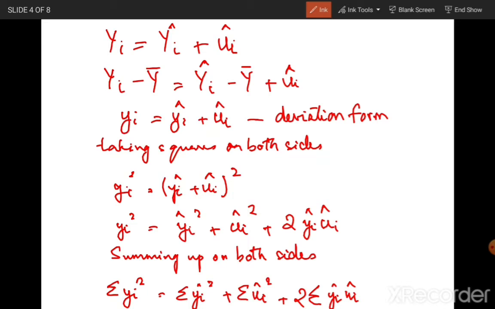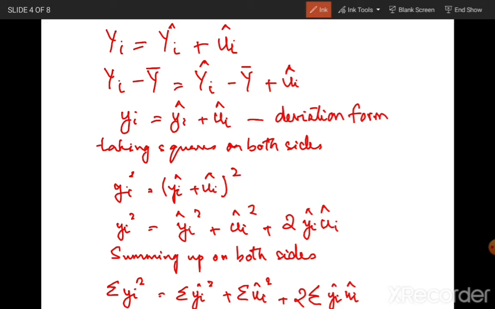The last numerical property of the OLS regression line was that yi hat and ui hat are uncorrelated.